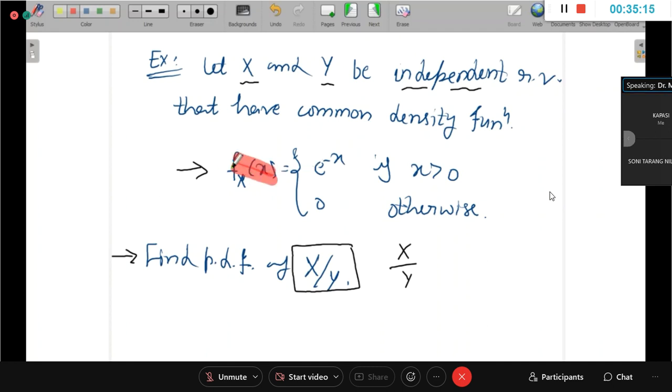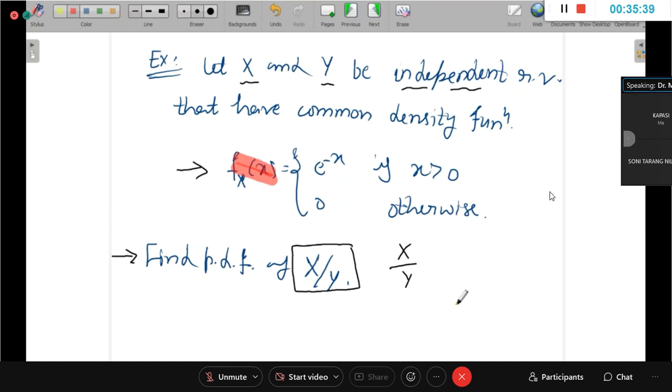They are independent random variables and both share the same density function. Then you are interested in finding the PDF of x divided by y.